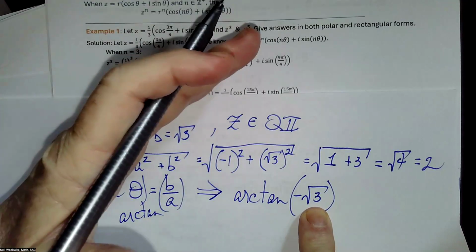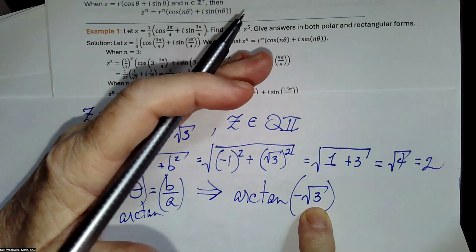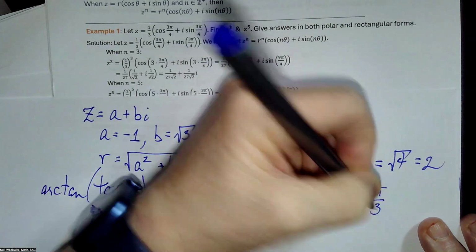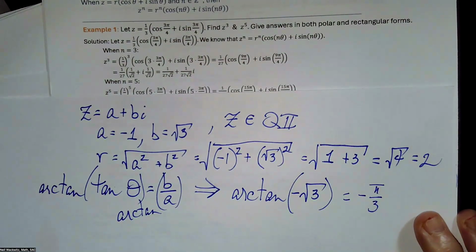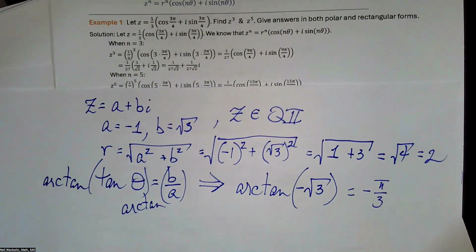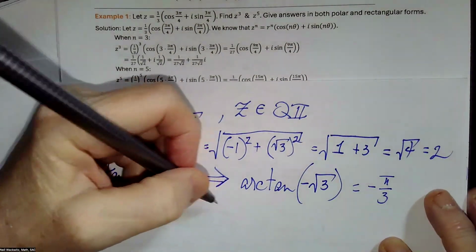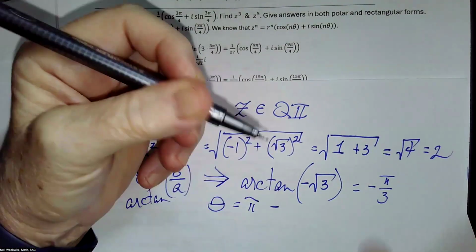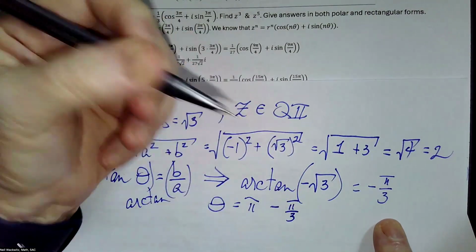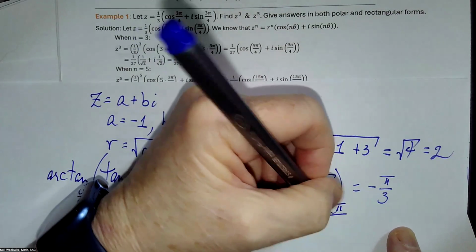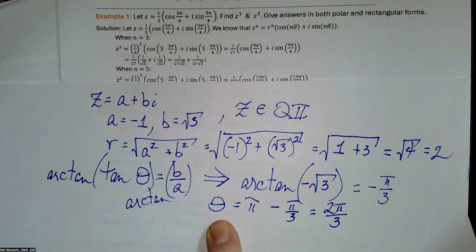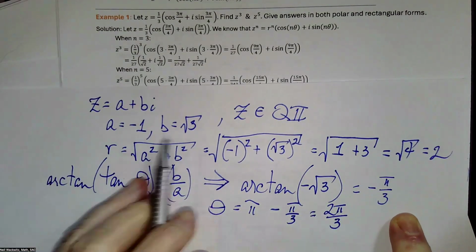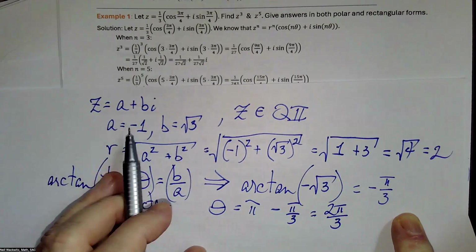It must be pi over 3, so negative pi over 3. This angle lives in quadrant 4. To move the angle into quadrant 2, we're going to take pi and subtract pi over 3, and we get 2 pi over 3. So our angle is pi minus the angle we found, and we know we need to do that because we can see that z is in quadrant 2.